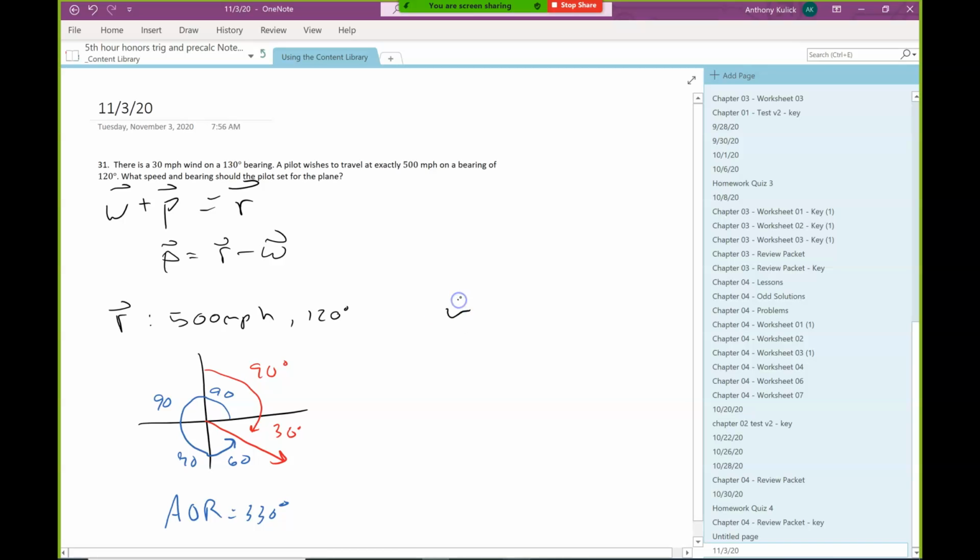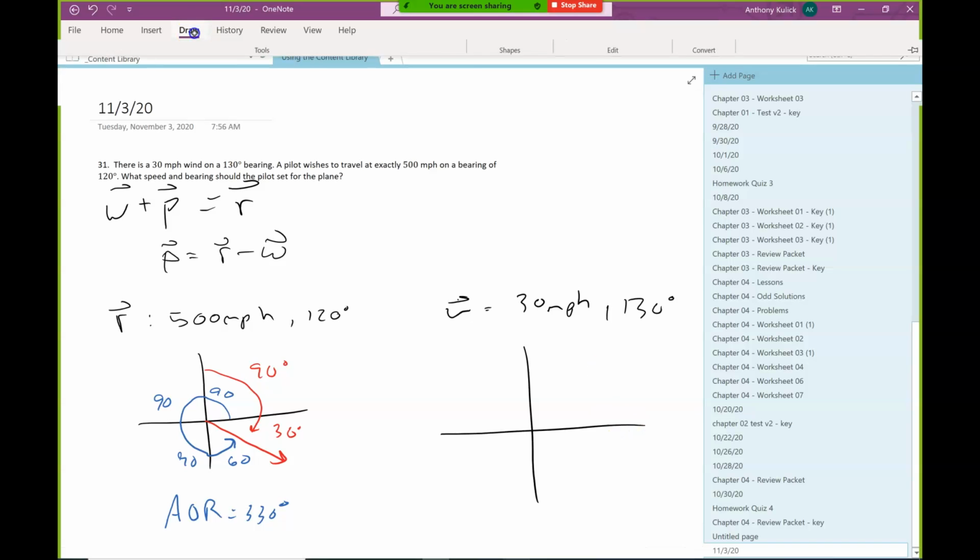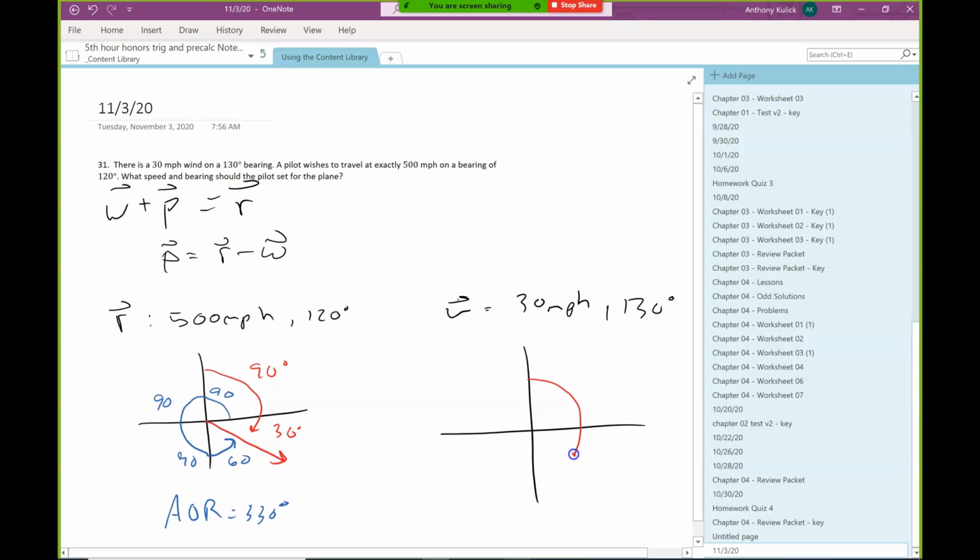And my wind vector, we know, is 30 miles per hour and 130 degrees. So we're down here, 90, 40. So our angle of rotation is 90, 90, 90, and then 50 more. So our angle of rotation here is 320.